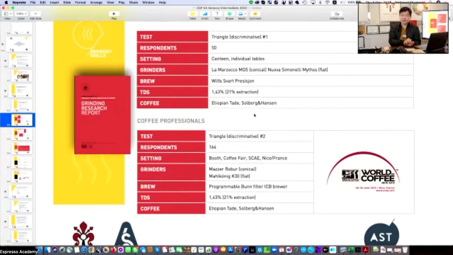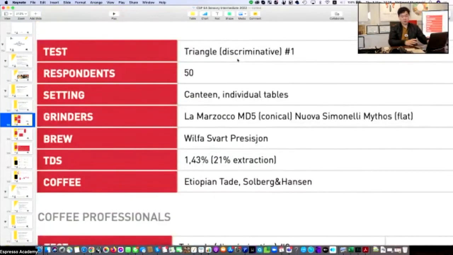So they did a triangulation of the first group, coffee A and coffee B. Coffee A ground with flat burr, coffee B ground with conical burr, because at that time the Nordic, Norwegian baristas really believed that when you grind with different burr types, it has a big impact on flavors.